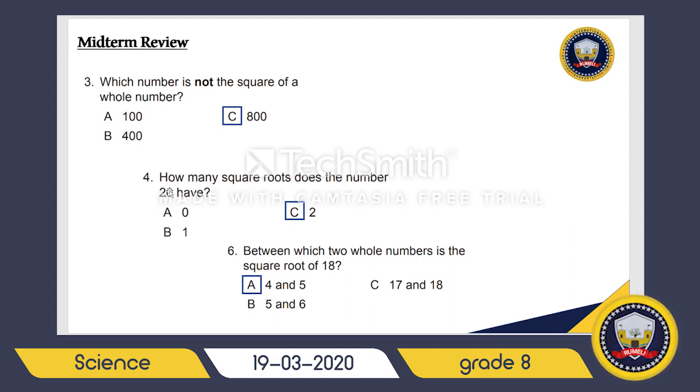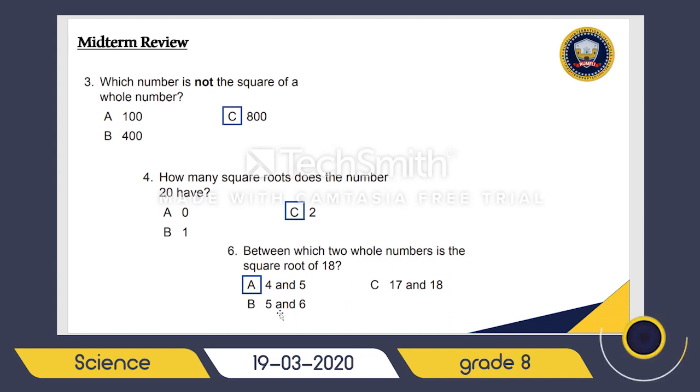Now, what is 4 squared? It is 16. 5 squared is 25. So 16 and 25. 18 is between 16 and 25. So the square root of 18 is between 4 and 5. So the answer is A.